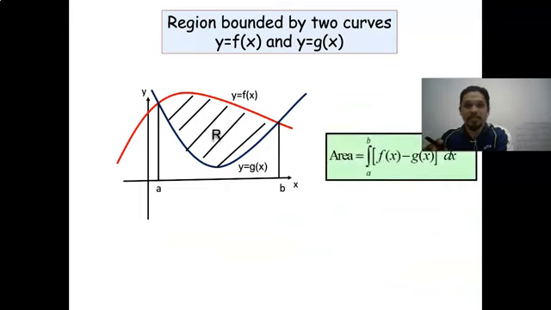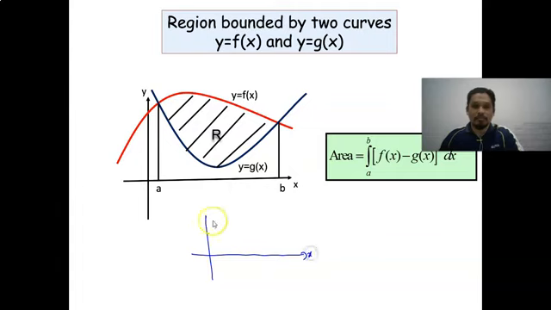So, the region bounded by the curves f(x) and g(x). In this case, class, f(x) minus g(x), because if I sketch this, the graph of the red, and then this is the blue one here.